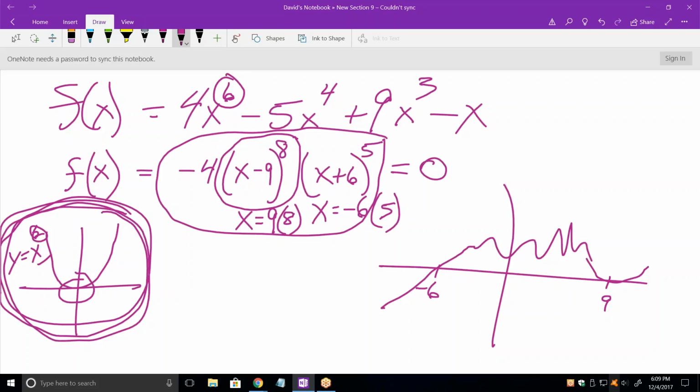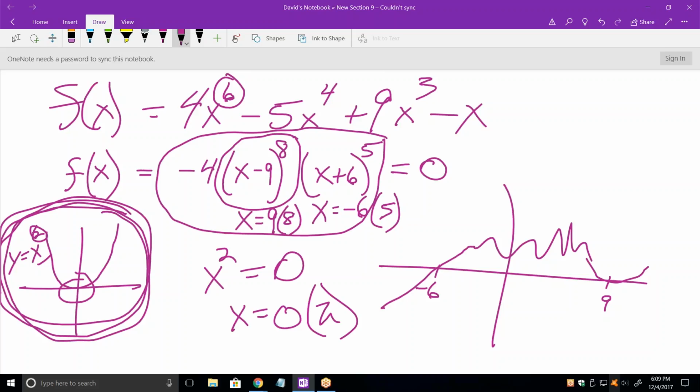Even multiplicity, it always kisses. And if you want a way to memorize it, think about y equals x squared. If you solve x squared equals 0, you get x equals 0. Well, it's a quadratic, so it's got to have 2, so it's a multiplicity of 2.